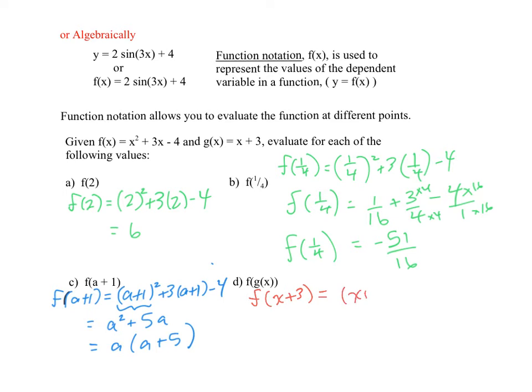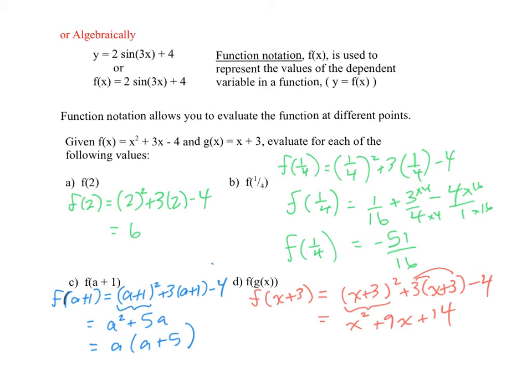So we'll have x plus 3 squared plus 3 times x plus 3 minus 4. And then we'll expand this or use FOIL here. We'll distribute the 3, and we will end up with x squared plus 9x plus 14.